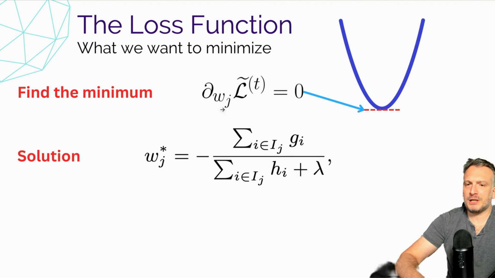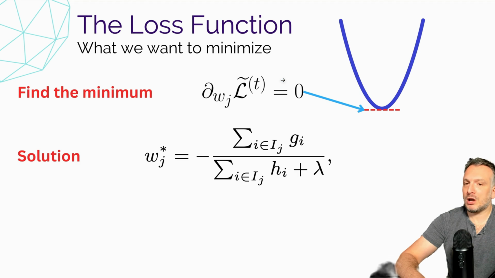So let's try to think about this. We had a loss function. This is a function that we wanted to minimize. To find the weights that minimize this loss function, we took the derivative of it and we solved the equation by setting it equal to 0.